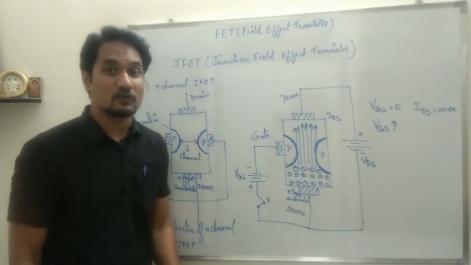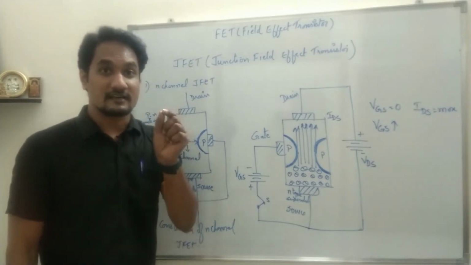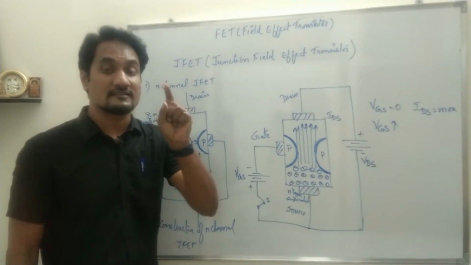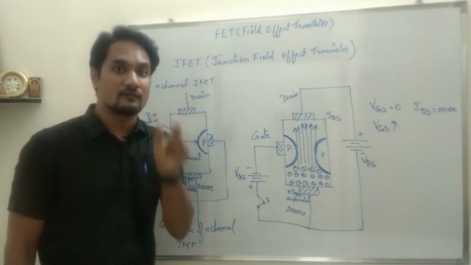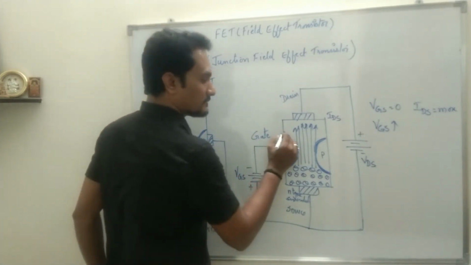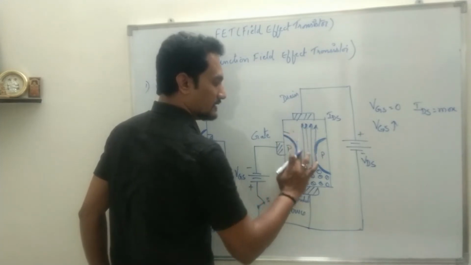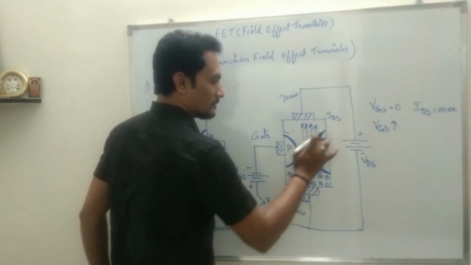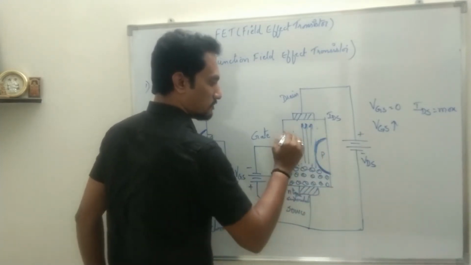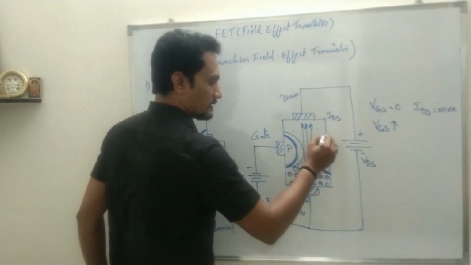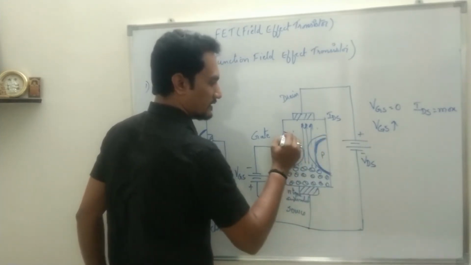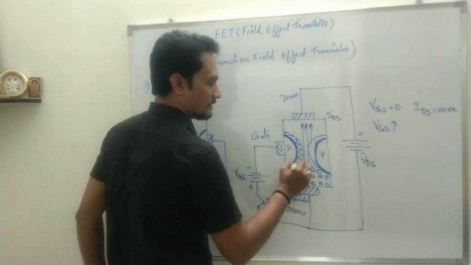And what happens in reverse bias condition? The junction resistance increases. The junction resistance increases means the depletion layer width increases.